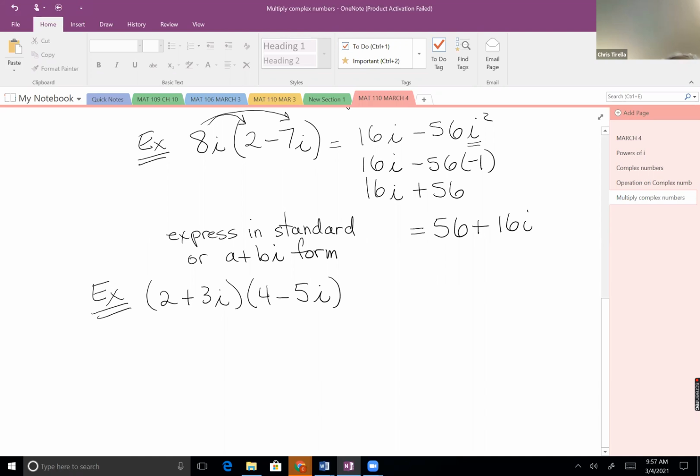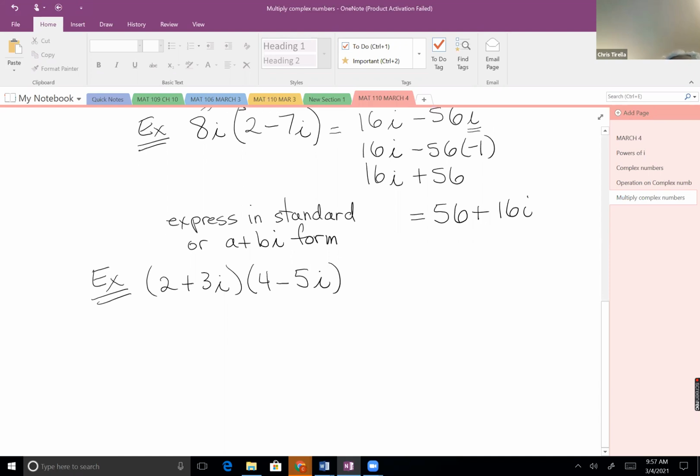Does everybody see what we've got here is the product of two binomials, and we would have to either distribute twice, or I know some of you like to use that box method. I grew up using FOIL, so I'm going to use FOIL, first, outer, inner, last.